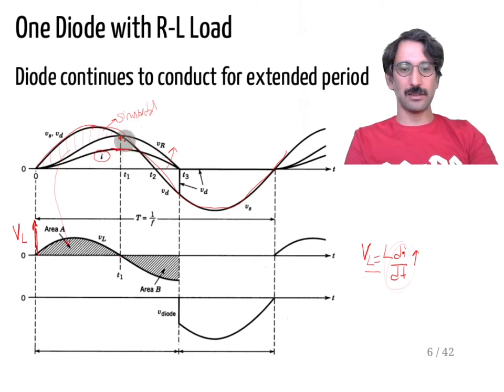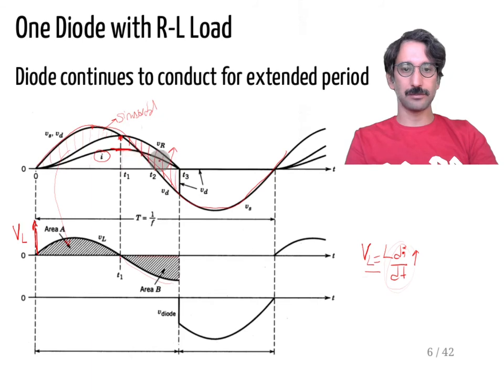Then after that, you can see there is now that difference. The inductor voltage goes negative, and when it goes negative, di over dt is also negative, so the inductor current starts reducing.